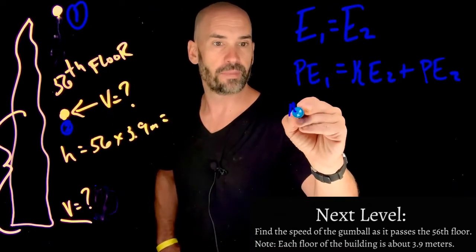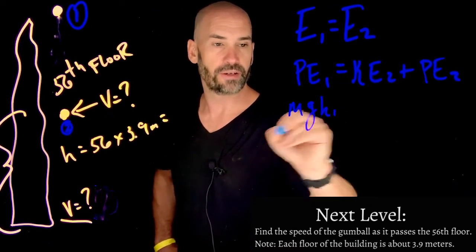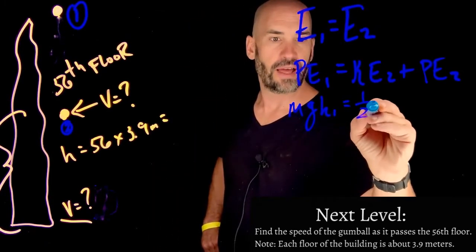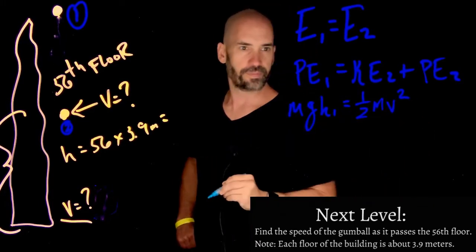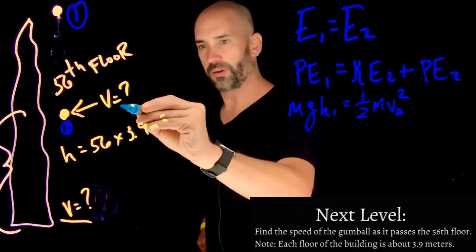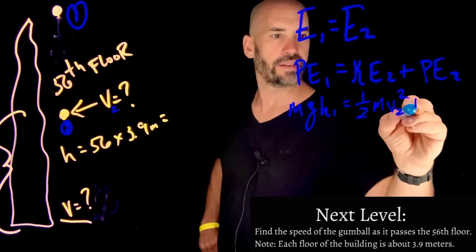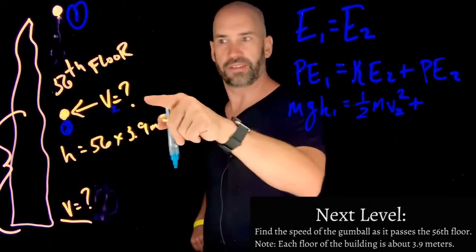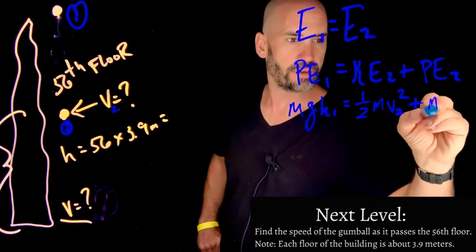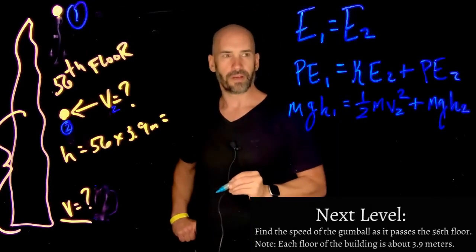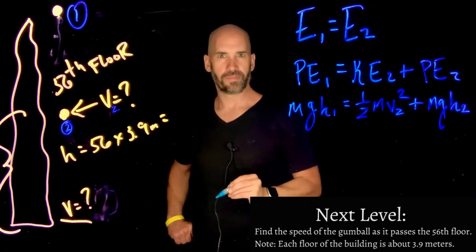Again, this is just mgh1 here, okay? This is equal to 1/2 mv2 squared. We're talking about this v over here, okay? And this new potential energy here that this gumball has is mgh2. Okay? Does that make sense?